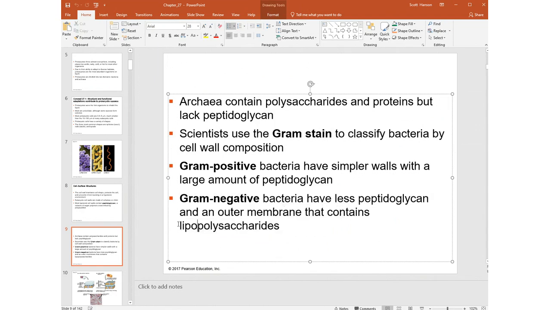In other words, a lipid part joined to some polysaccharide chains. So the gram-negative bacteria are bacteria that don't really soak up the gram stain very much, because the gram stain stains peptidoglycan.